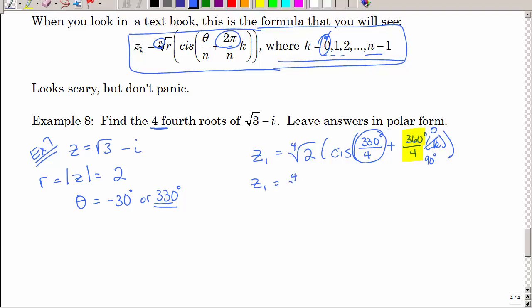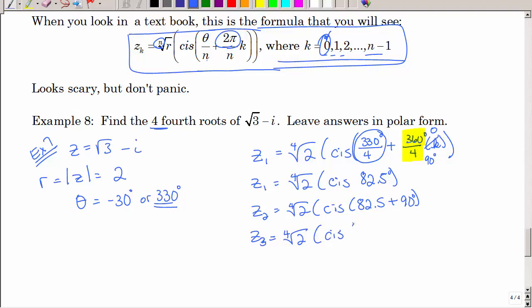So our first 4th root is going to be the cis of 330 divided by 4, which is 82.5 degrees, and then plus 0. The second one is going to be 82.5 plus 90, because again we want it evenly spaced around the circle.